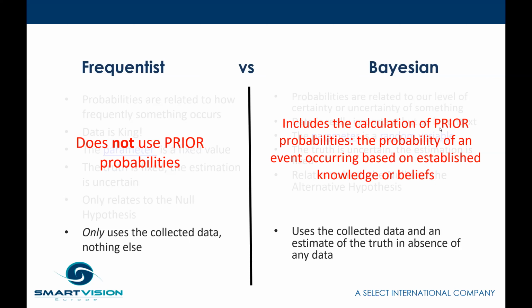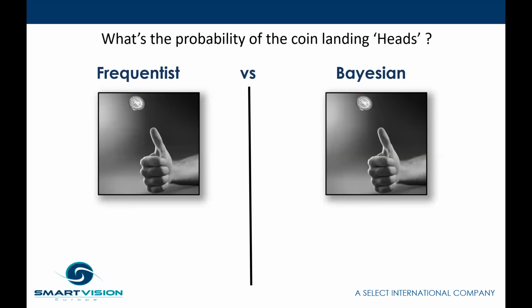In other words, it includes the calculation of prior probabilities, the probability of an event occurring, or of a value being true, or in a certain range, based upon established knowledge or beliefs. That is easily the most controversial aspect of it from a Frequentist point of view.